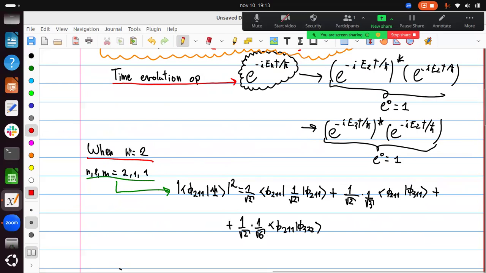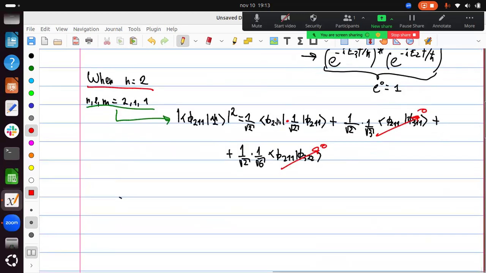Let's observe that these terms are equal to 0. Yes, this is a multiplication. This term is 0, this term is 0 because they are orthogonal, and these have the same quantum numbers.